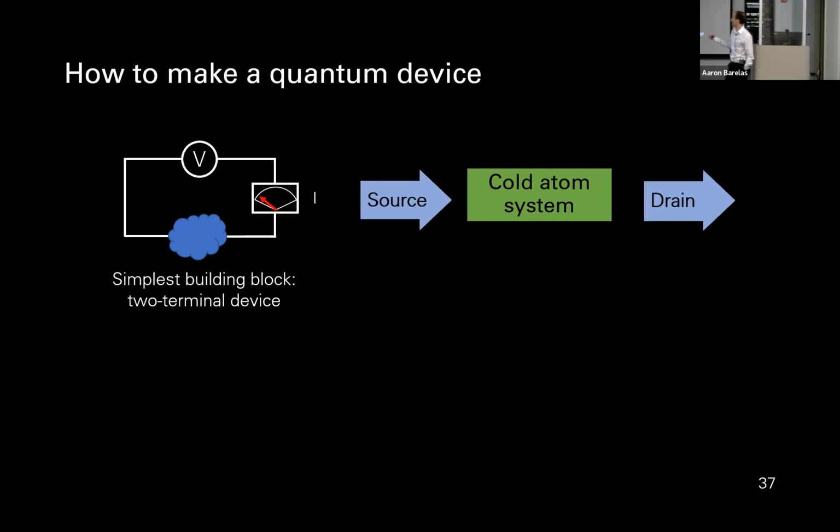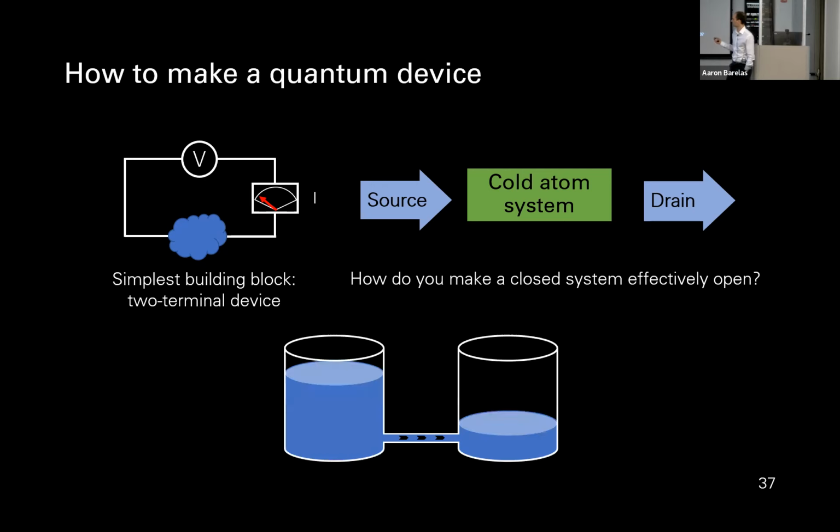which is something a bit weird to think about in cold atom systems, because cold atom systems are intrinsically closed systems. They are very well shielded in vacuum chambers and protected from the environment. How do you engineer your system in order to have an effectively open transport experiment? The answer relies on trying to introduce some separation of scale between the different parts of your cold atom system.